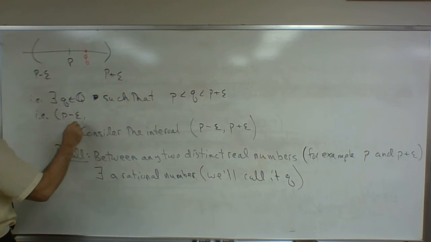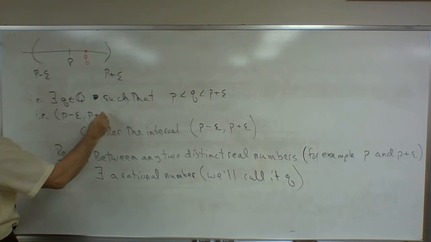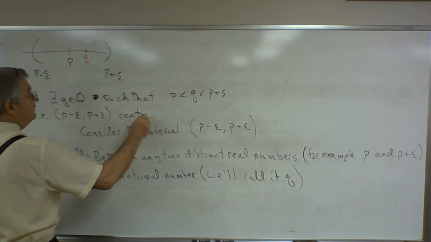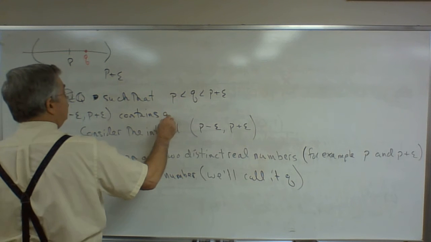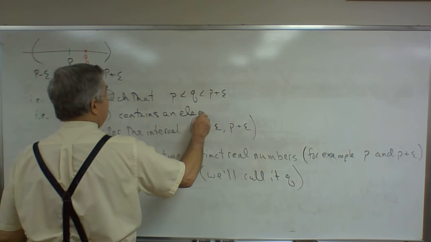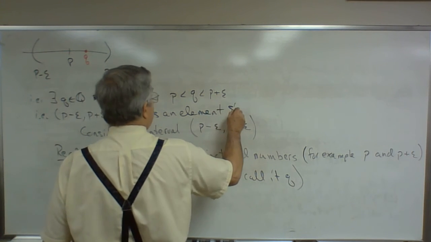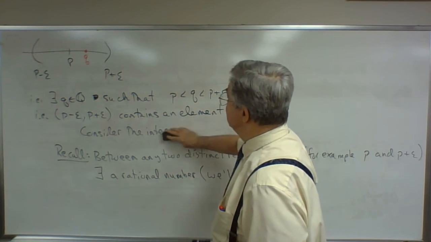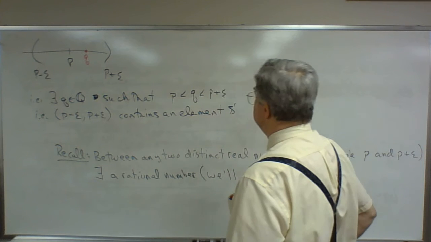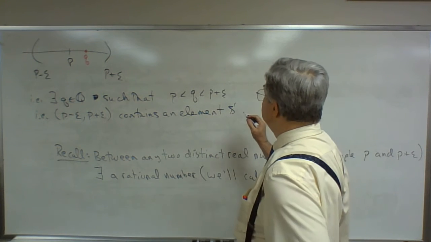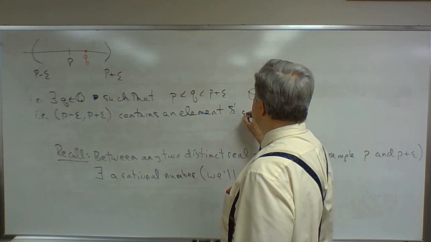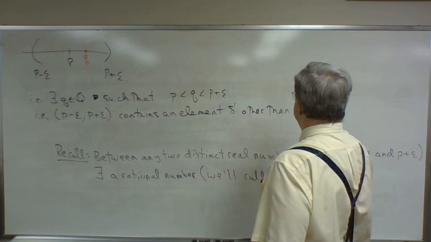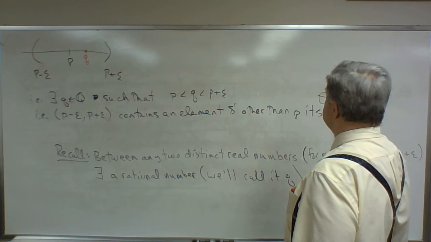Or put it another way, the interval from P minus epsilon to P plus epsilon contains an element of S, and remember what S is. S is the set of rational numbers. So it contains an element of S other than P itself.